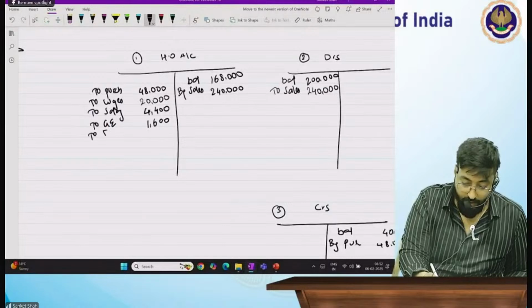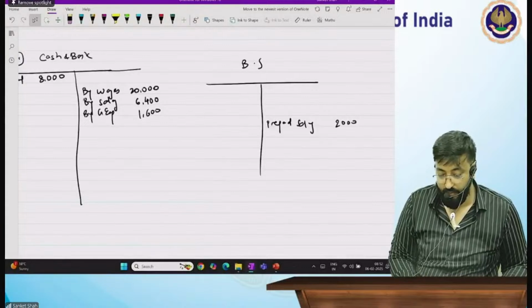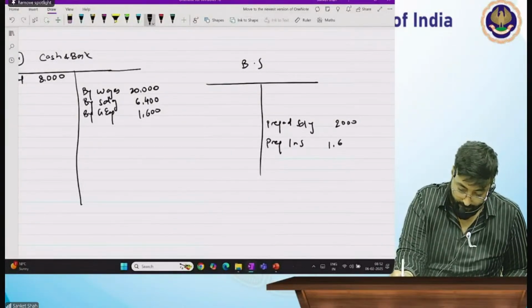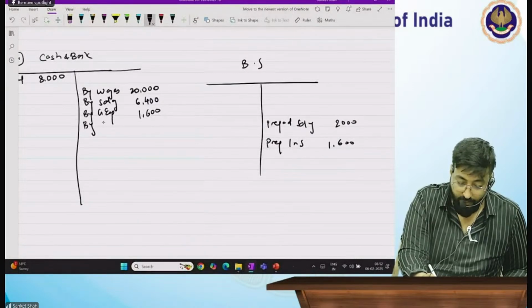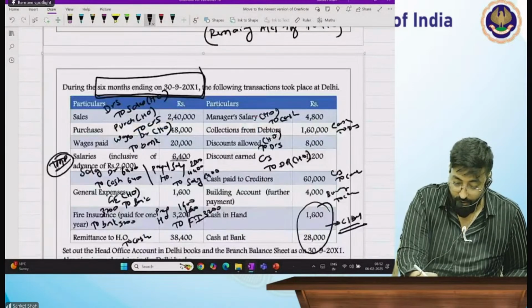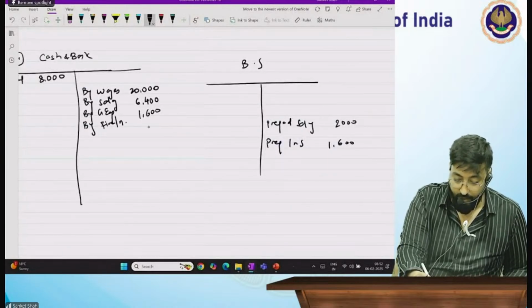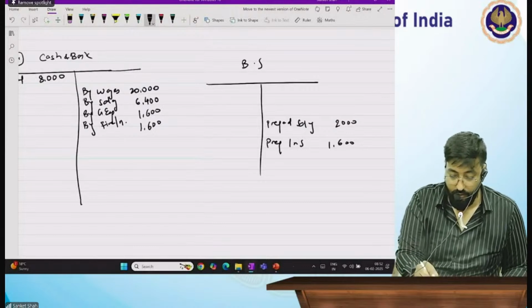In HO, how much? 1,600. Second effect, sir, prepaid insurance, asset side. Have you done the same type of posting or a different posting, beta? Sir, same, sir. Same way you have followed? Yes, sir. I didn't do the balance sheet, that's it, sir. Fire insurance 3,200.